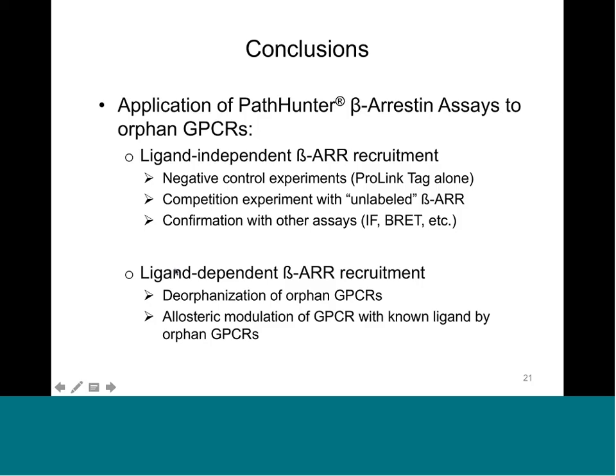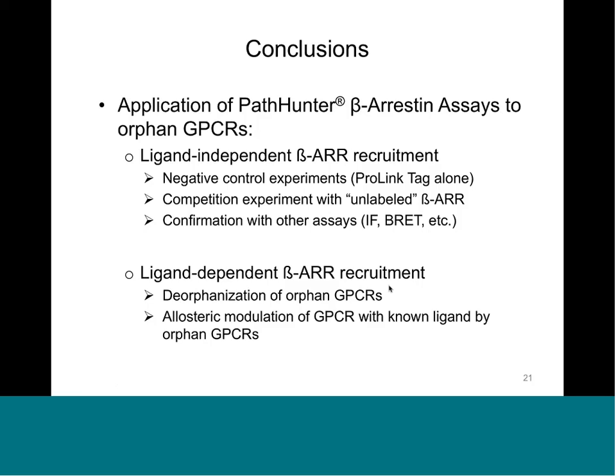We could furthermore show you that this assay is also useful to deorphanize GPCRs, which was not our case, but has been shown in the literature for a lot of cases. And lastly, this assay is also able to pick up allosteric modulations.